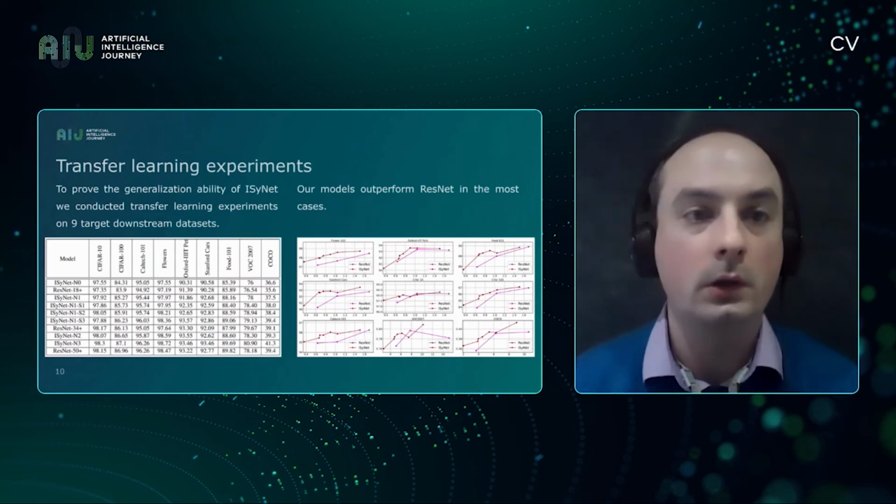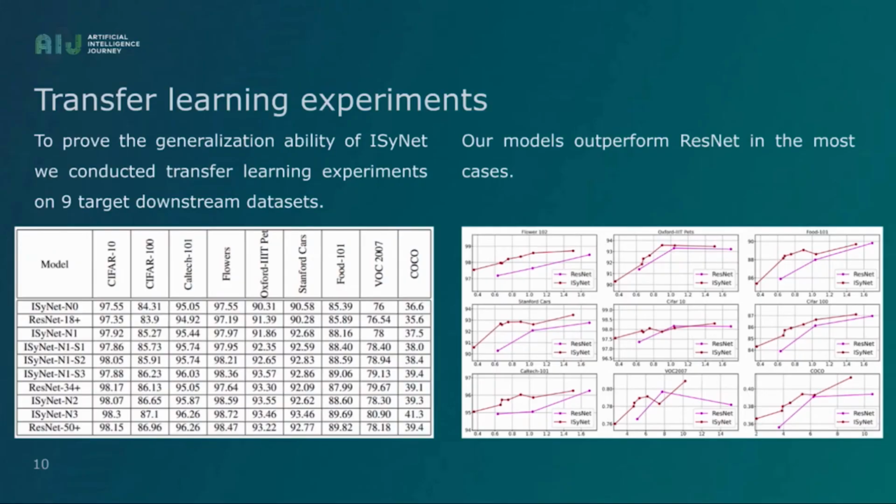This is a slide about transfer learning. And researchers forget about it in their new publications. They normally cover ImageNet.